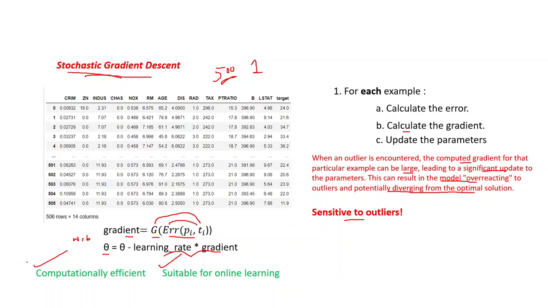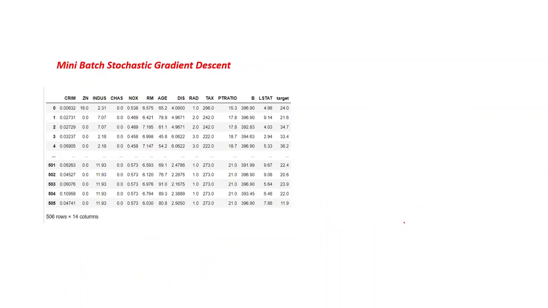But stochastic gradient descent also provides some very good benefits. So in order to address this problem, we took a middle path, which is known as the mini-batch stochastic gradient descent algorithm. So here what we did, suppose there are 500 examples.